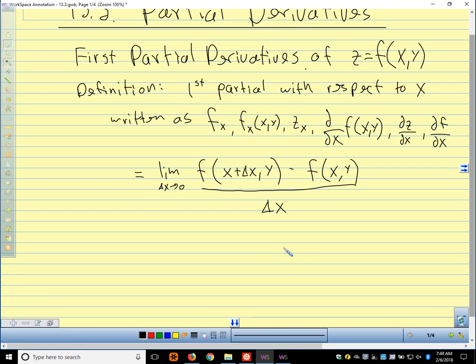This is the definition of the derivative, but we're letting x change, and we're keeping y constant. So we're looking at how the function changes at a particular value of y as x changes.